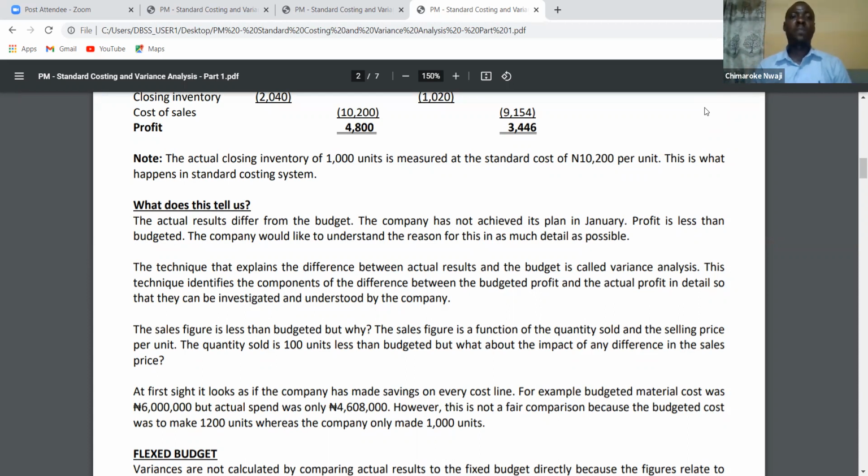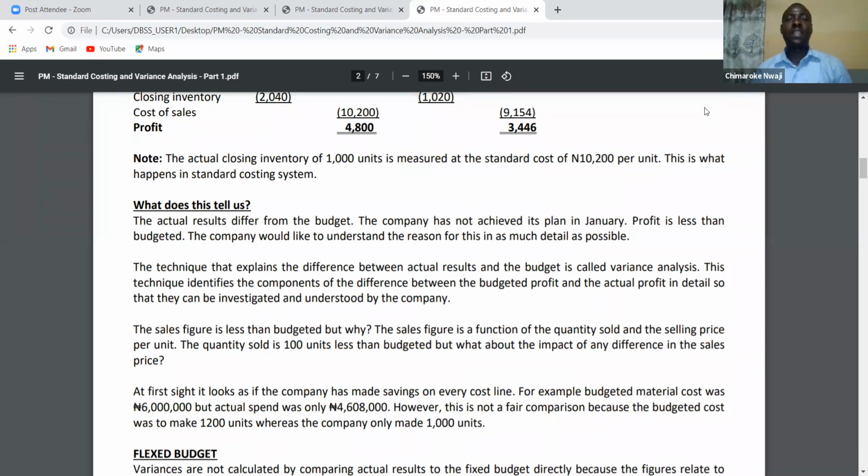So you don't expect the cost planned for 1,200 units to be smaller than the cost planned for 1,000 units. We expect the cost for 1,200 units to be bigger than that of 1,000. So it is not fair to compare these two budgets because they are at different levels of activities.